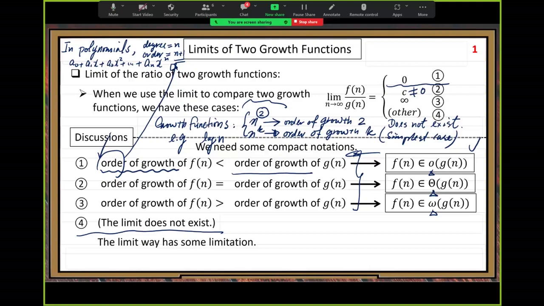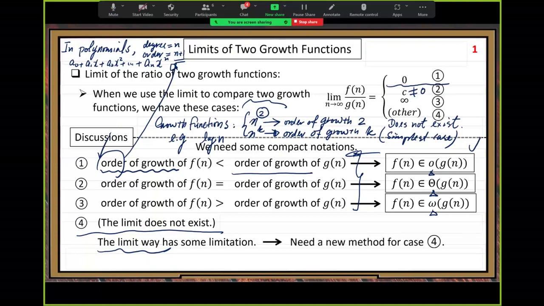But we want to compare which function grows faster and which grows slower for case number 4. But we cannot do the limit way. The limit does not exist. So we want to find a different way to study case number 4.